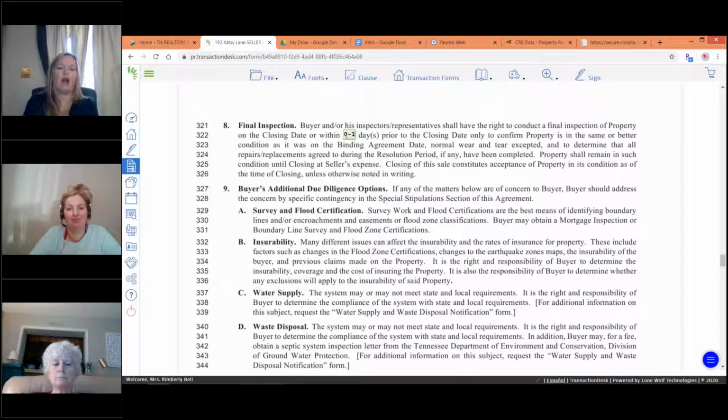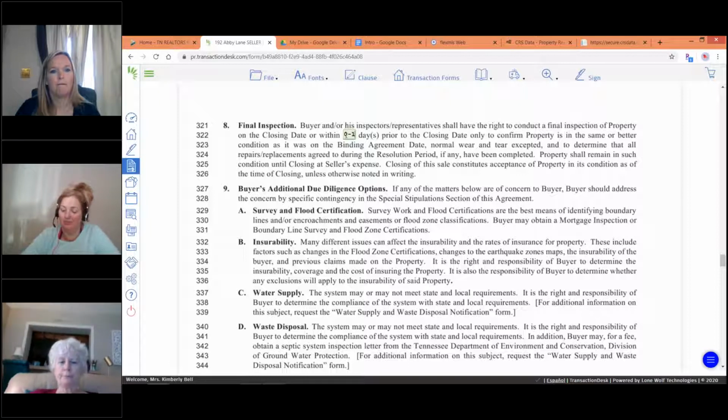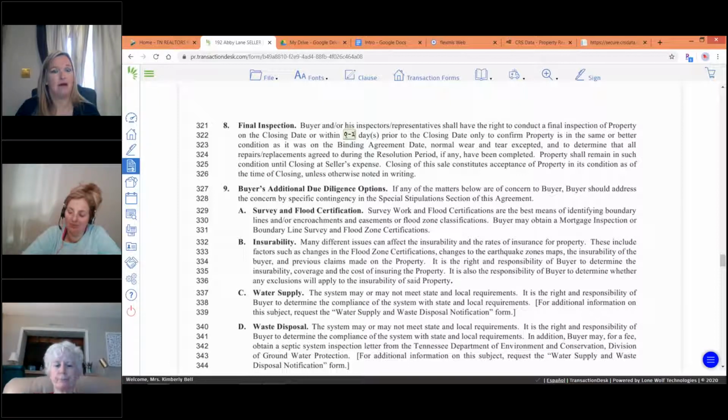We want to make sure that we're laying our eyes on that property to make sure that we're not getting our buyers into a situation. And all we're doing is advising our buyers. They're making the decision. All we're doing is advising our sellers, and the seller is making the decision. We're going at the seller's direction, not our own. Never our own.